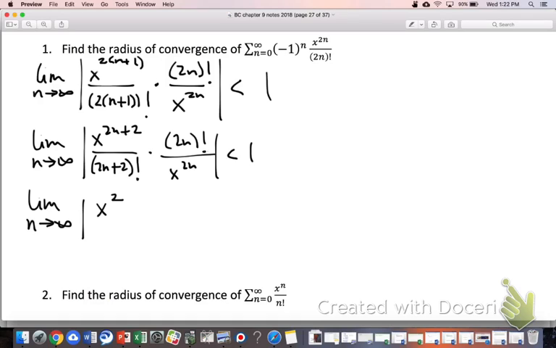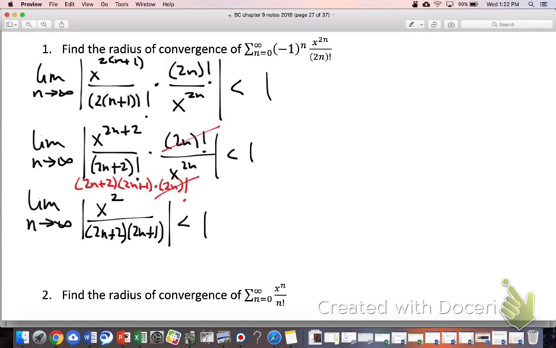I'm going to think of this 2n plus 2 factorial as 2n plus 2 times 2n plus 1 times 2n factorial. Make sense? So what I can then do, of course, is cancel the 2n factorial with that 2n factorial, leaving me with 2n plus 2 times 2n plus 1 down there.